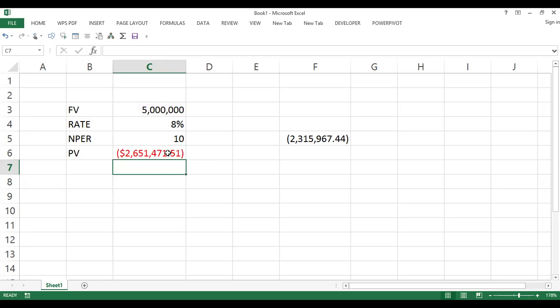But if you put a payment there, what you are saying is that each year you'll be given this amount out of what you are going to get, 5 million. You'll be withdrawing this amount each year.